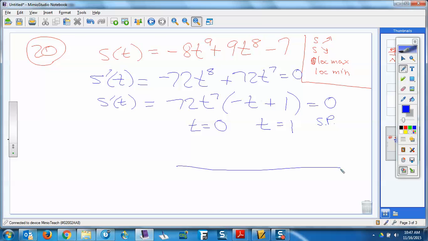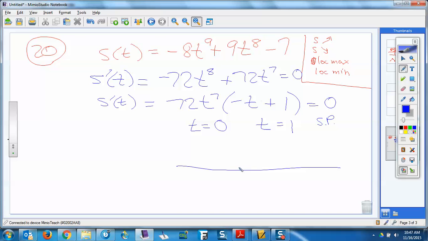When S prime is positive, what's the S graph doing? Increasing, going up. So that's what I need to know now. I need to know when this graph is going up or down. Sure would be nice if I had an S prime graph over here. That's what we did in chapter 1. But we don't. I have no idea what that graph looks like.